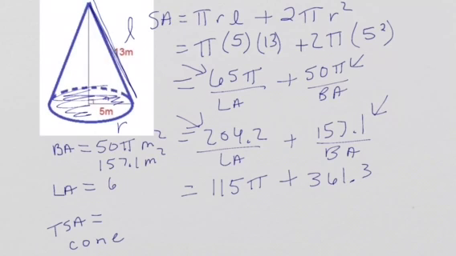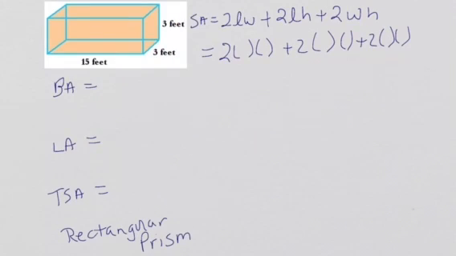My lateral area is 65 pi meters squared, and then 204.2 meters squared. My total surface area is 115 pi meters squared and 361.3 meters squared.